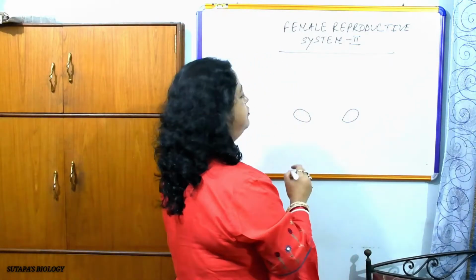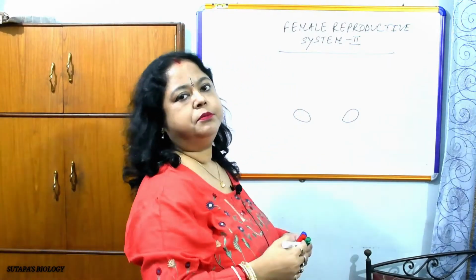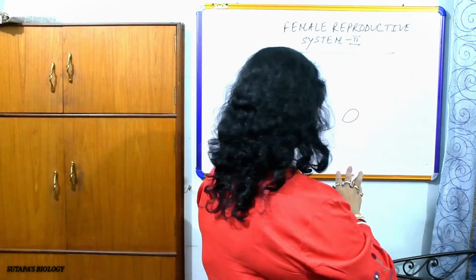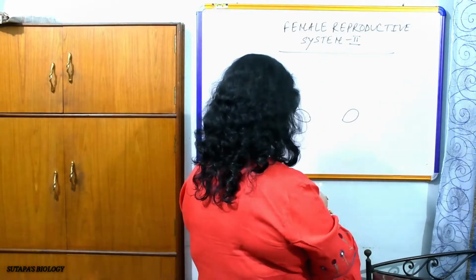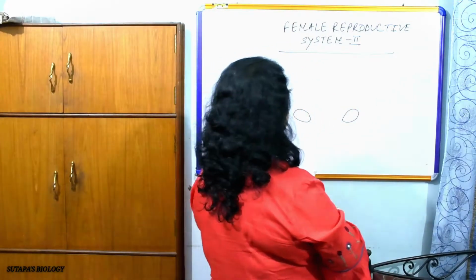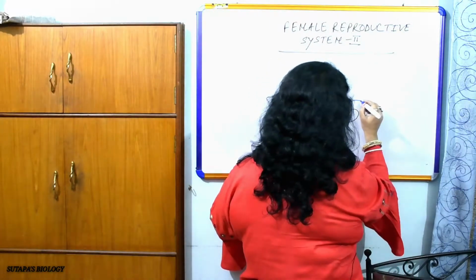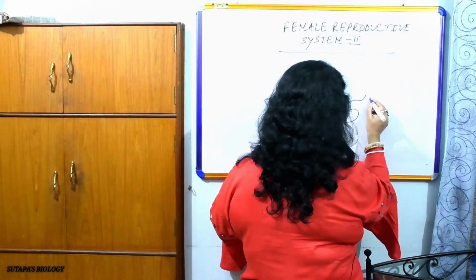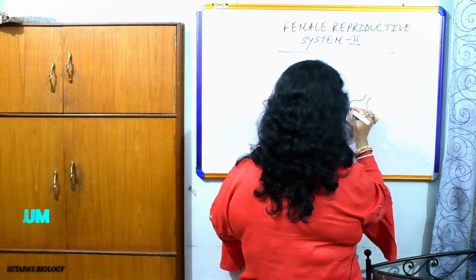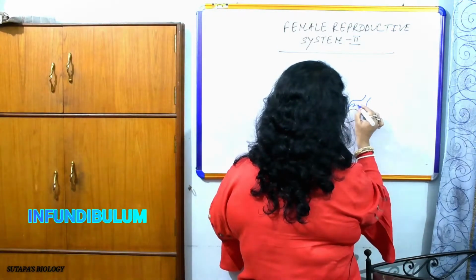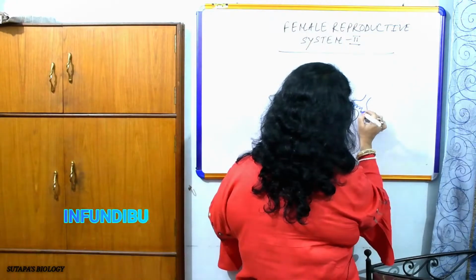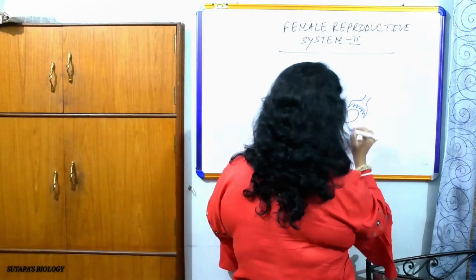And the covering of the ovary is known as mesovarium. Starting with the fallopian tube. Fallopian tube is 2 in number and it has 4 parts. The first one is infundibulum, which has finger-like projections known as fimbriae.